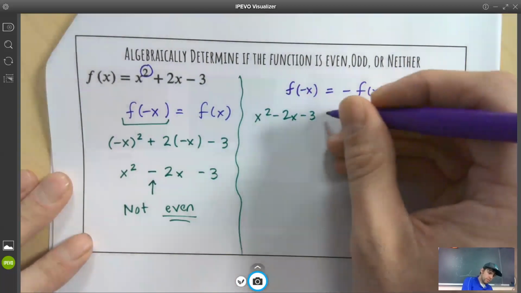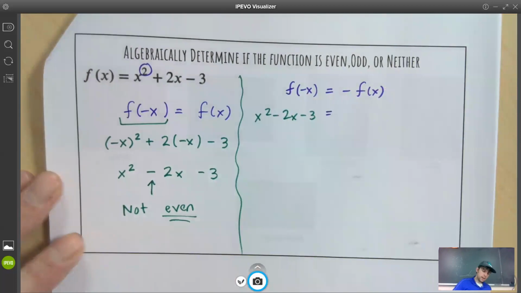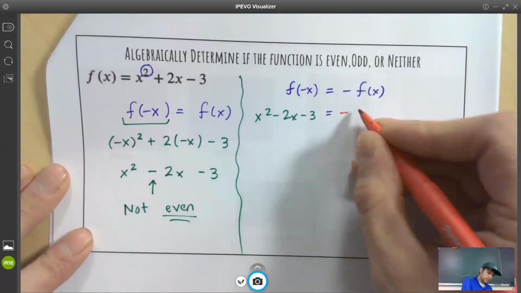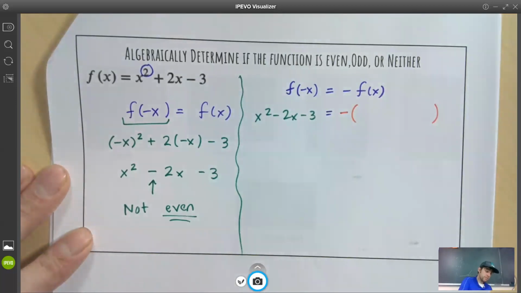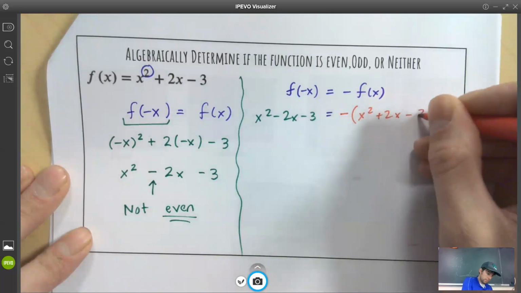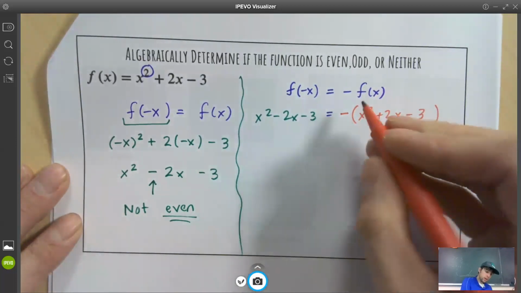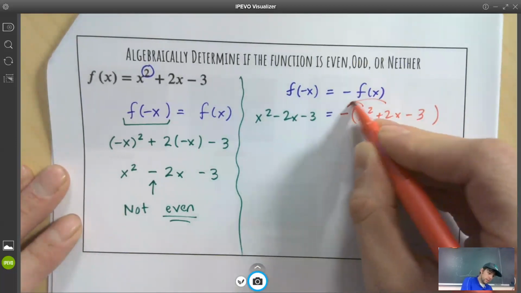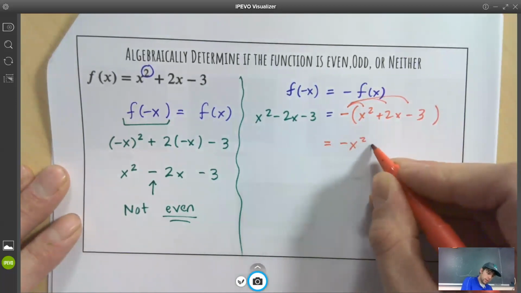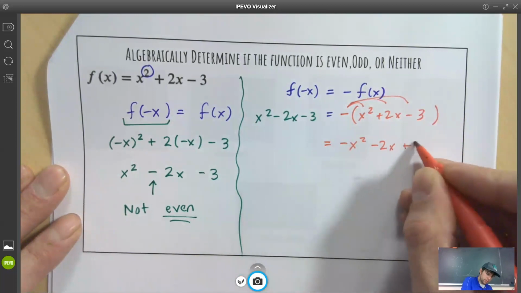And again, we want to know if that is equivalent to negative f of x. So let's simplify what negative f of x would be. That's negative times the entire function f of x. That's going to cause us to distribute. That's negative x squared minus 2x plus 3.